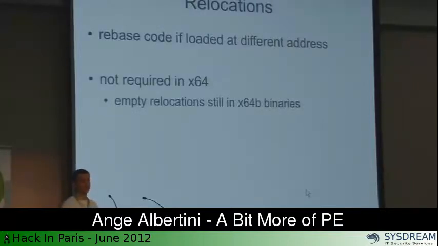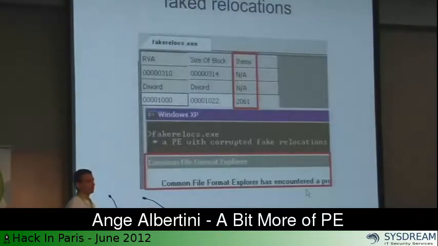But it's funny that the system DLLs on 64-bit still contain relocations, but with empty tables, a weird artifact from the compiler. A funny thing is that the relocations are totally ignored if they are not needed. So they could be present in a PE file, but if no relocation is needed, the structure is not parsed at all, which can still create a few bugs with software that tries to parse them, even if this completely bogus relocation information is not used for loading.